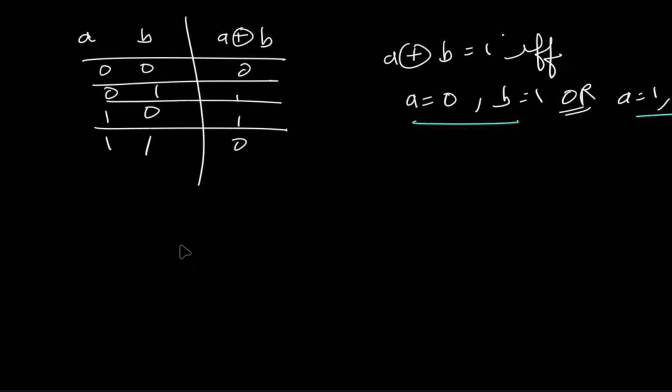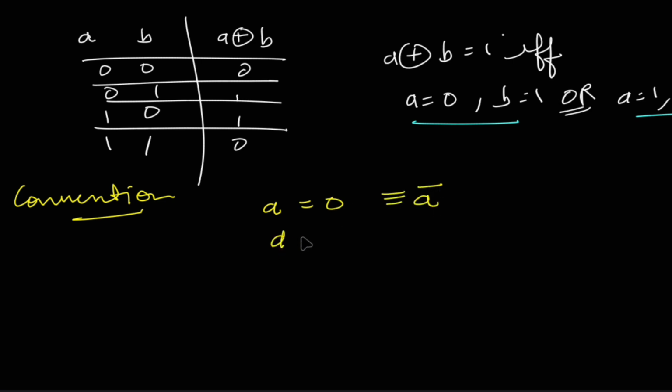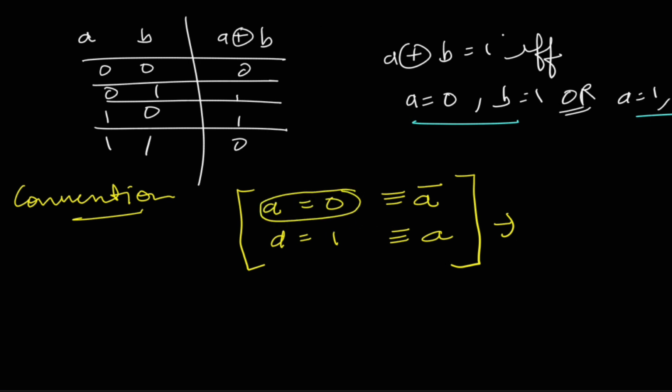Now we'll follow a convention. If I want to say something is 0, then I'll write like this. If I want to say something is 1, then I'll write like this. We'll understand this convention later when we move further in the syllabus. If you want to write A equals 0, you write A bar.